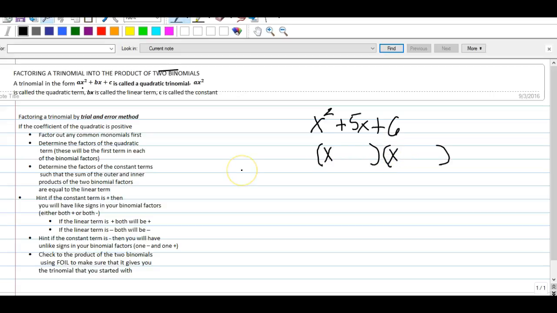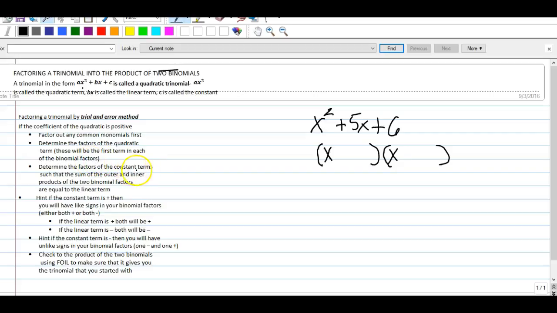So determine the factors of your quadratic term, and these will be the first term in each of your binomial factors. Again, what we're trying to do is factor a trinomial into the product of two binomials.